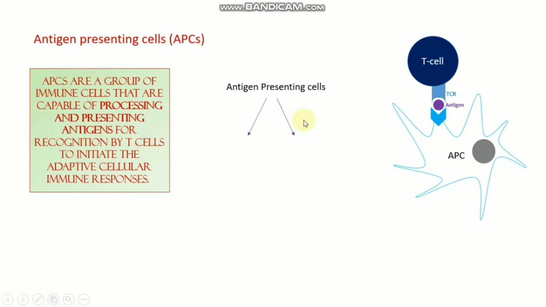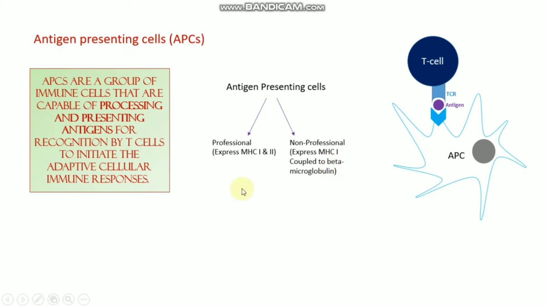So there is a classification of the antigen presenting cells. They are classified into two groups, professional and non-professional. The professional antigen presenting cells express major histocompatibility complex 1 as well as 2. On the other hand, the non-professional antigen presenting cells express major histocompatibility complex 1 only, coupled to beta microglobulin.